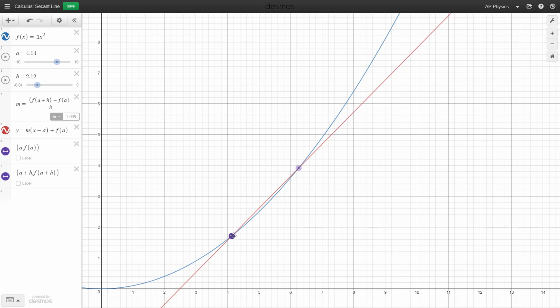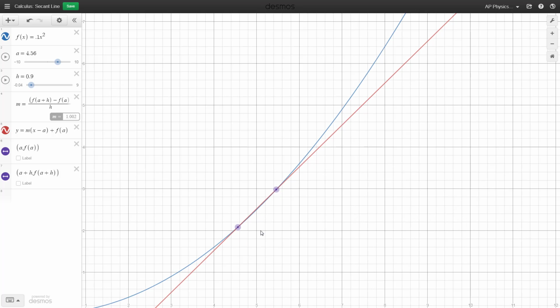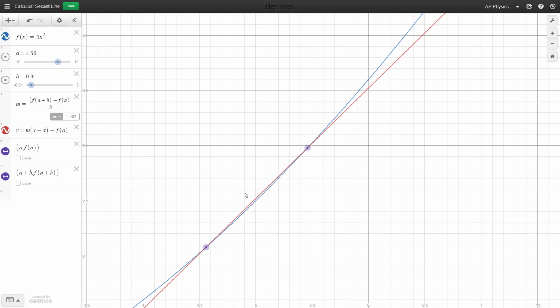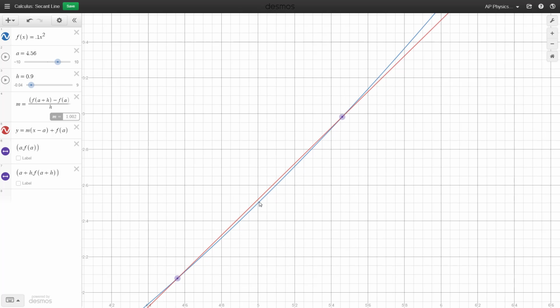So I'm going to move this to say 4.5 seconds and move this point to 5.5 seconds. And it looks as though the secant line is right along the same line as the position function. But if I zoom in, what you see is I'm not quite there. The secant line around 5 seconds is not quite the same as the slope of the line right at 5 seconds.